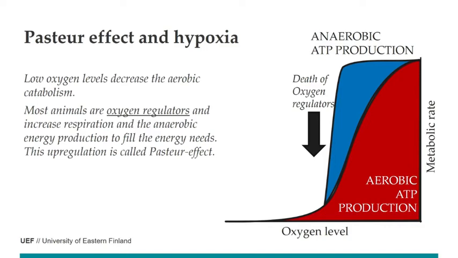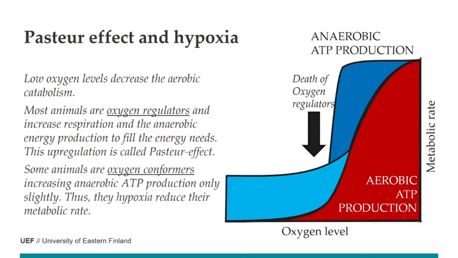But then the other way is that some animals are oxygen conformers. So they are increasing this anaerobic ATP production much less. So they reduce the metabolic rate because there's not so much oxygen available.